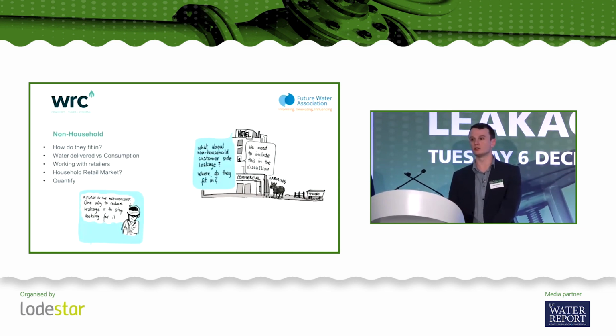And if we're looking to reduce the overall DI, then that leakage needs to be accounted for somehow. Currently it's just water delivered. Whether that's going to count towards leakage figures, or whether that needs more incentives for businesses to address their own leakage, is obviously an issue that needs addressing.